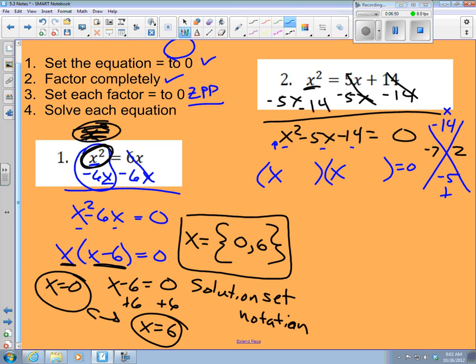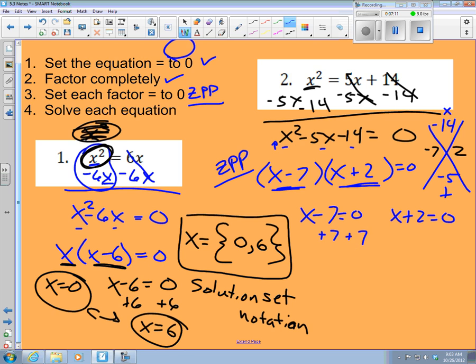So I get x minus 7 times x plus 2 equals 0. Here are my two factors. It's all factored. Now I can kick in the ZPP and say x minus 7 equals 0, or x plus 2 equals 0, setting my two factors equal to 0.